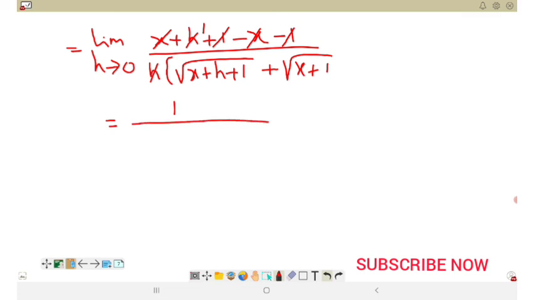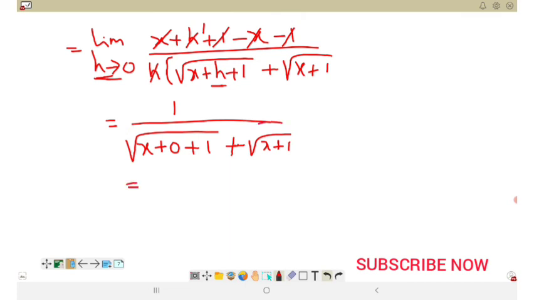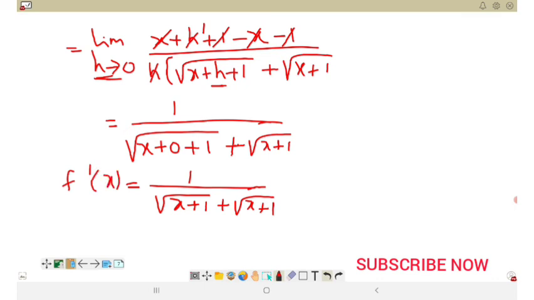So 1 by square root of x plus, substitute h equal to 0, here h tends to 0, 0 plus 1 plus root x plus 1, 1 by root x plus 1 plus root x plus 1. So f dash of x is equal to 1 by 2 into root x plus 1.